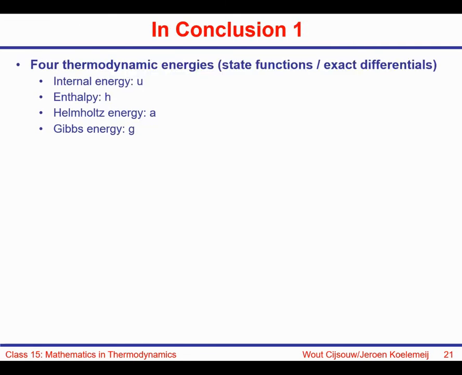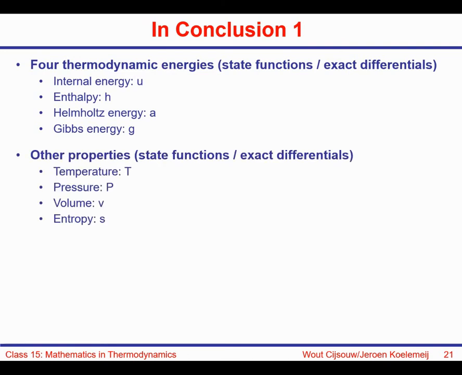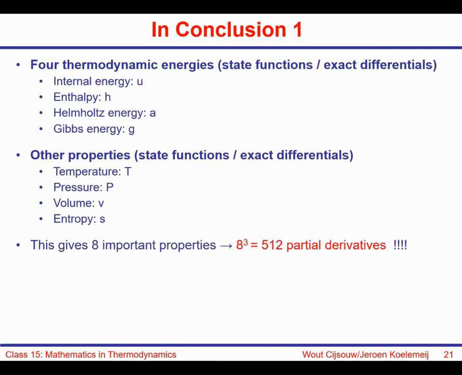So in conclusion, 4 thermodynamic energies. We saw that on the previous slide. There are also the state variables, temperature, pressure, volume, and entropy. So in total, we have 8 properties of which we have been taking all sorts of partial derivatives. Actually, how many partial derivatives can we make given these 8 properties?